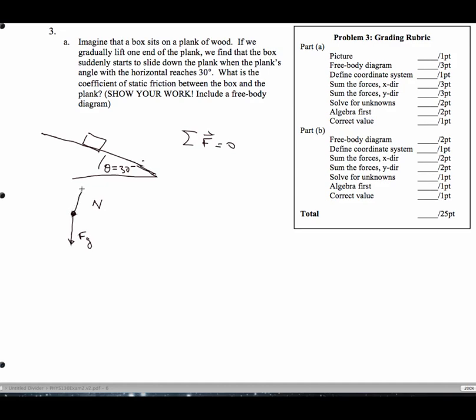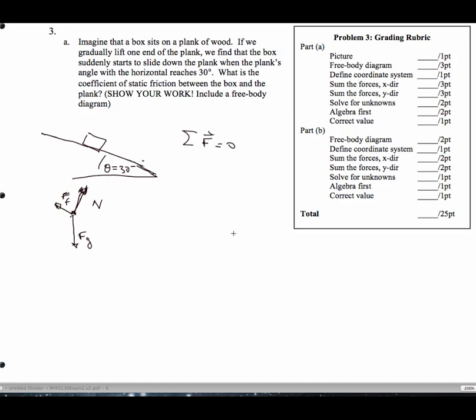Maybe it's more up in this direction. And then we have a force of friction that's keeping it from sliding down. I'm going to fix this too, because I didn't draw this very straight down, did I? And that's more on the side.